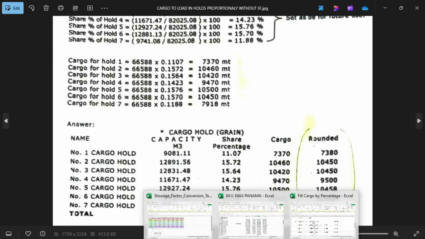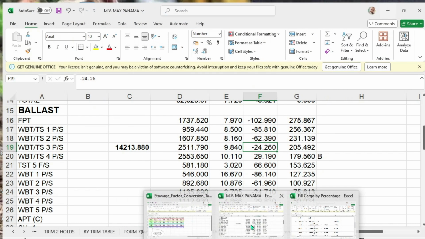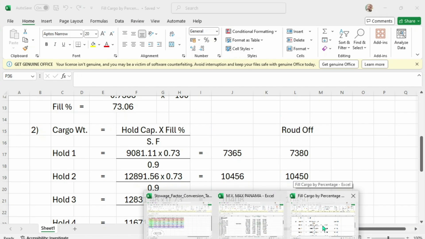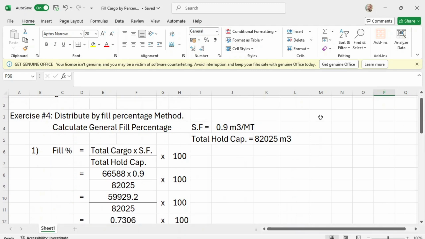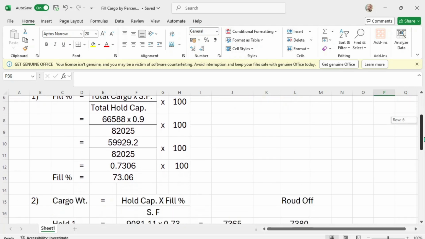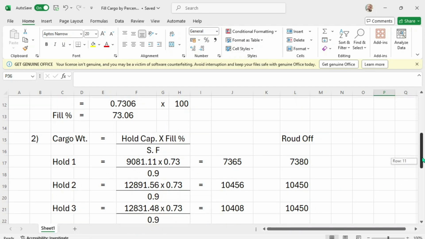Okay, so that's it, guys. It's better that you make a draft like this so you can easily fill up the cargoes in each hold using these formulas.